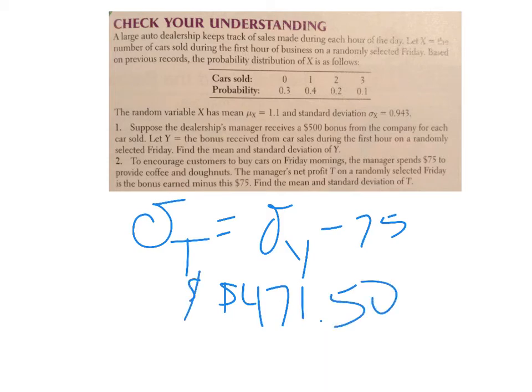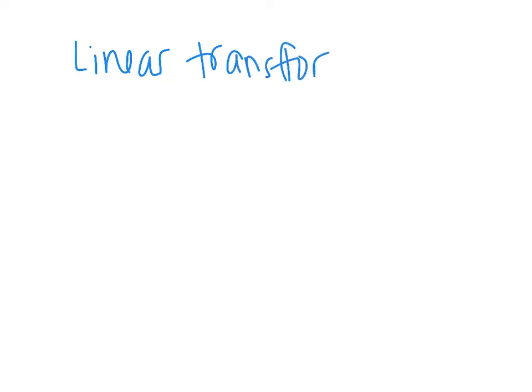$471.50. So now let's look at what happens if we transform with both the addition or subtraction as well as the multiplication or division. This is what we call a linear transformation. The linear transformation is doing both transformations, again, adding or subtracting by a constant and multiplying or dividing by a constant.